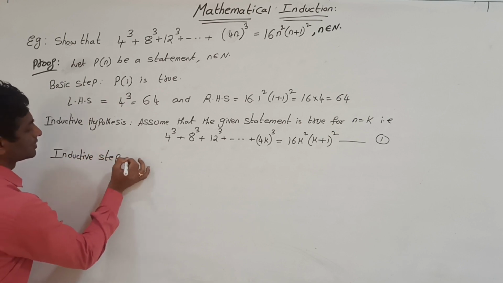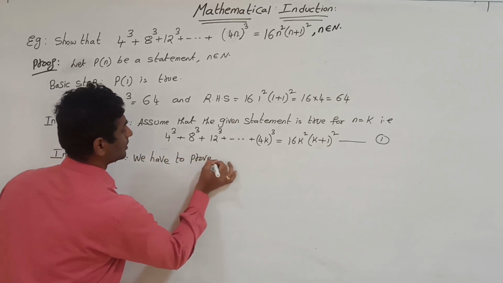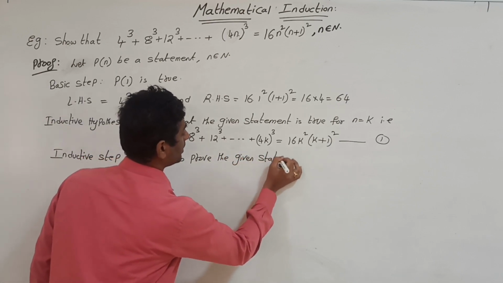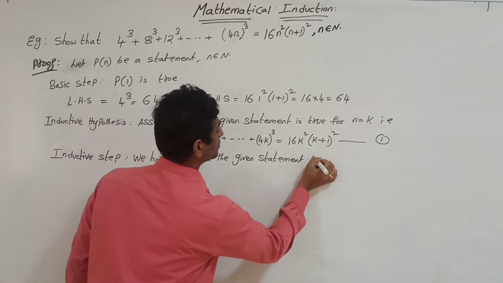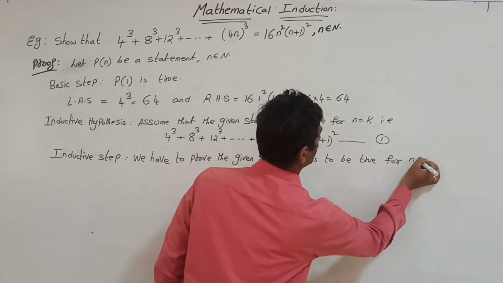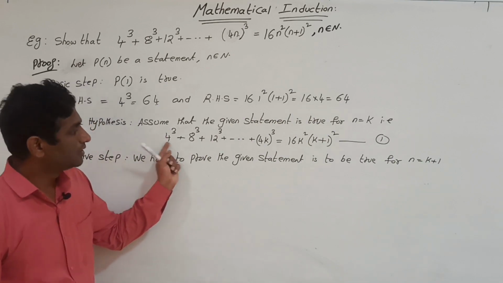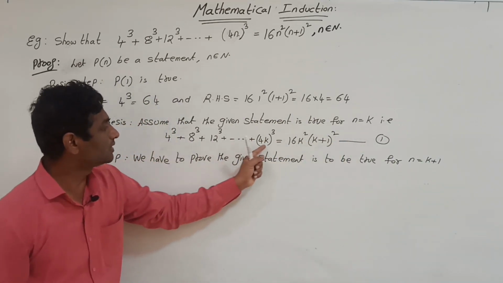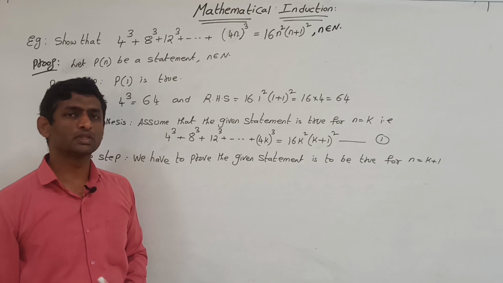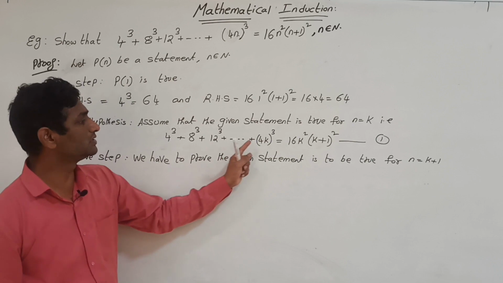Inductive step, that is, we have to prove the given statement is true for n is equal to k plus 1. If you observe clearly, in equation 1, it is the sum of k terms. In order to get the k plus 1 term, what number do we have to add for the inductive hypothesis, that is equation 1?